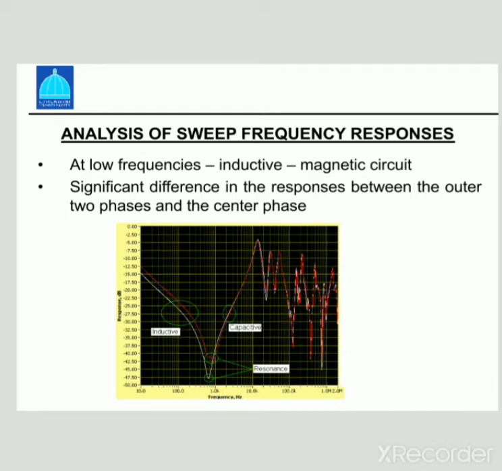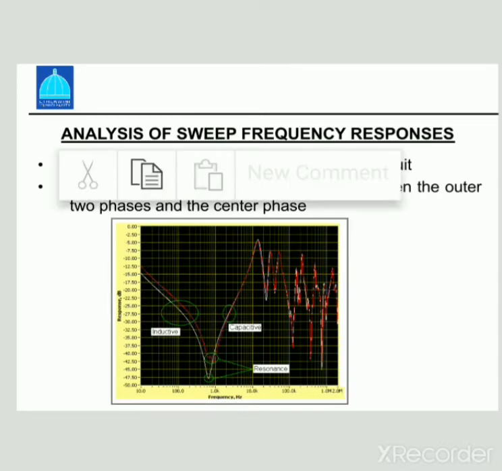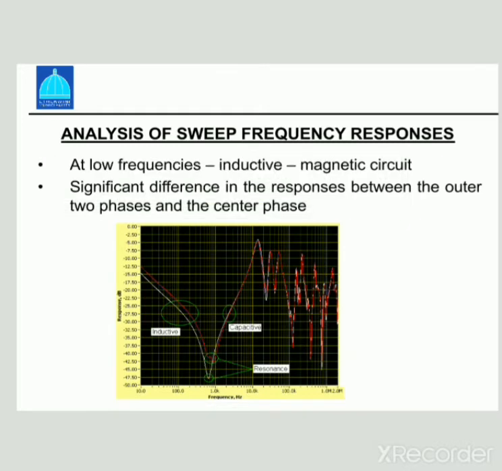Sweep frequency response analysis is one of the most powerful diagnostic tools for assessing mechanical damage to a transformer winding. Analysis of the results, which are in the form of frequency response traces, can, however, be daunting to new users. So it is very beneficial.